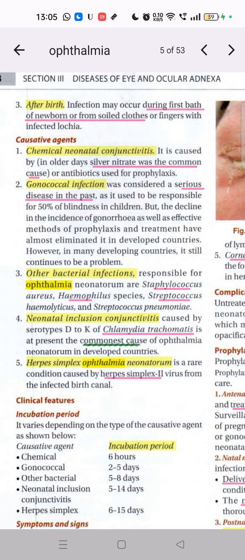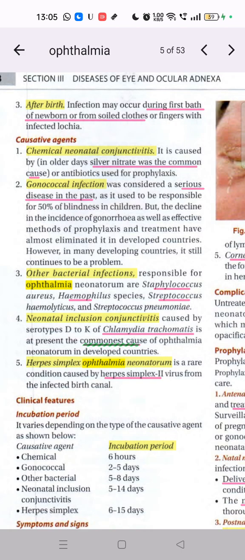Then causative agents. There are five causative agents. The first one is chemicals. It can be silver nitrate, which was used in older days, or antibiotics used for prophylaxis. Then there can be gonococcal infection. Then other bacterial infection, which can be due to staph, strep, hemophilus.